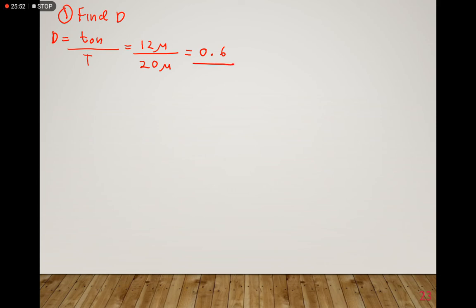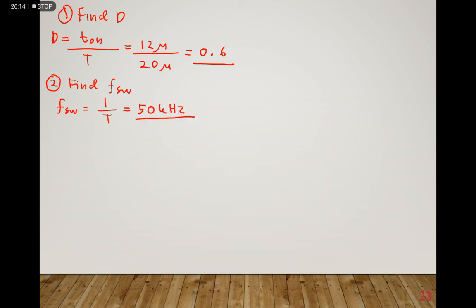Next, you need to find your switching frequency. Since the switching time is given, the switching frequency will be equal to 1 over T, which is 50 kilohertz.